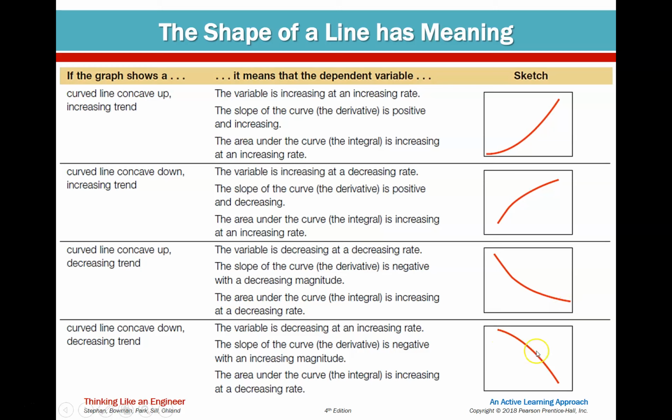And then when you're concave down with the decreasing trend, that variable is decreasing at an increasing rate, meaning it's decreasing faster and faster. The slope of this is negative with an increasing magnitude of the absolute value. And that area is increasing, but at a decreasing rate.